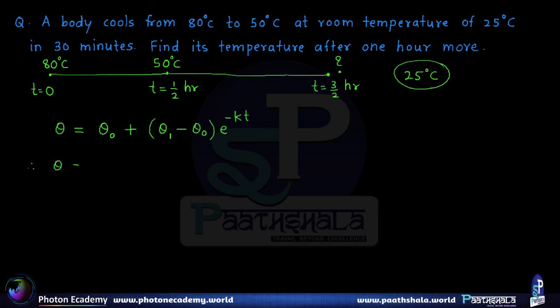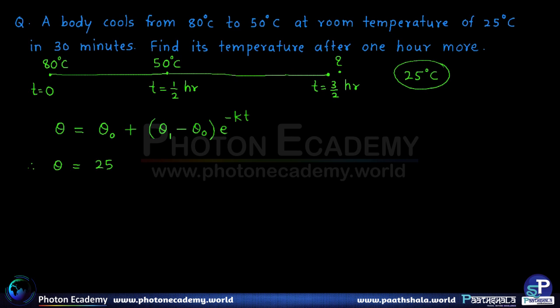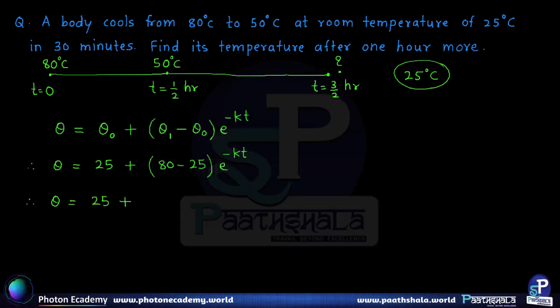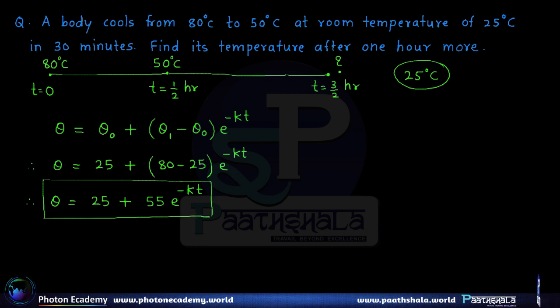Therefore, for the given situation we have theta is equal to 25 plus 80 minus 25 times e raised to minus kt, that is theta is equal to 25 plus 55 into e raised to minus kt. So this is the general solution for this specific question.